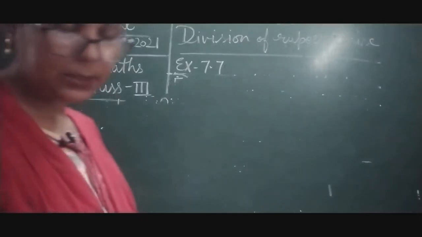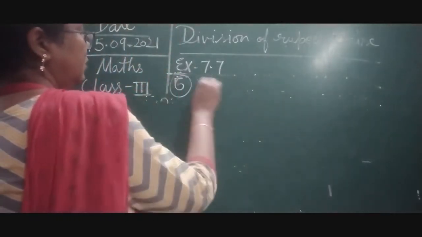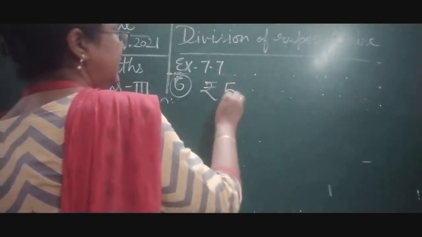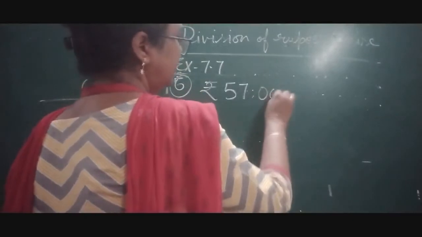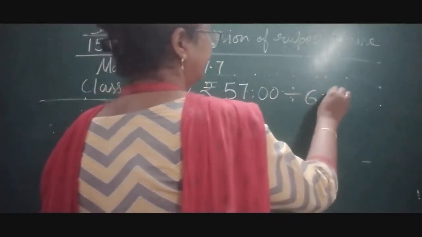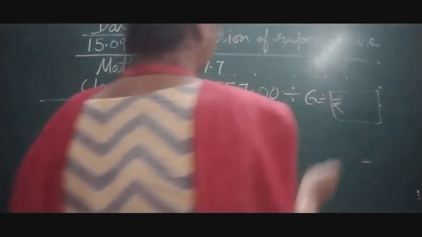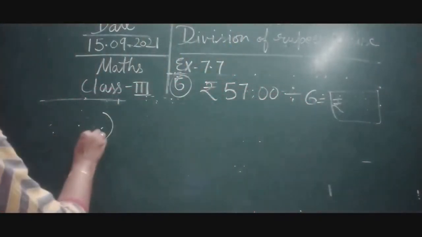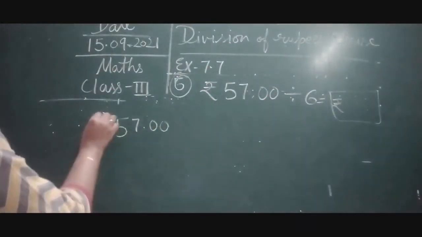At number 6 exercise, you can see rupees 5700 divided by 6, and you will get the answer in rupees. Okay, so here children, 57.00 and 6.